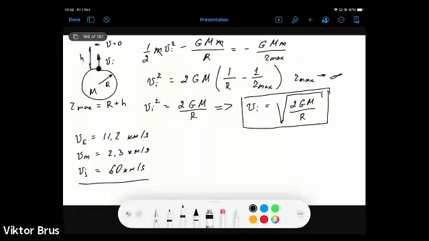Of course, planets are not the most massive objects in the universe, and if we consider stars, the initial mass of the star defines how the evolution of the star will go on.